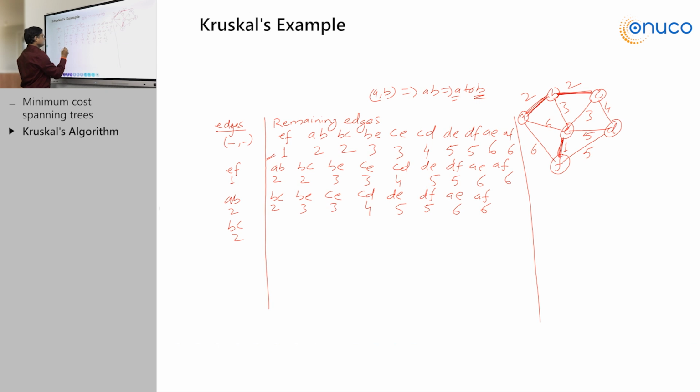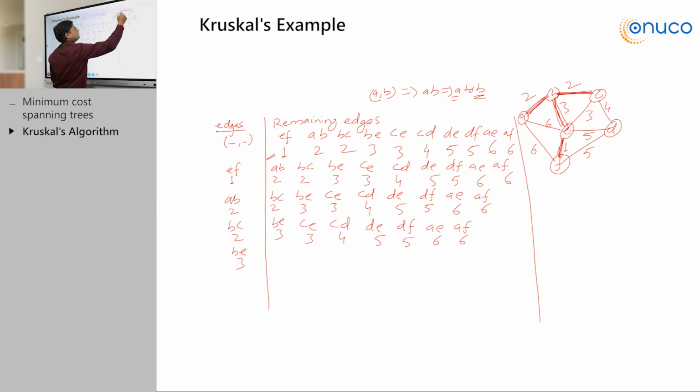Thereafter, we have BE 3, CE 3, CD 4, DE 5, DF 5, AE 6, AF 6. After that you are going to select BE 3. So you have selected BE 3. Now we have CE 3, CD 4, DE 5, DF 5, AE 6, AF 6.